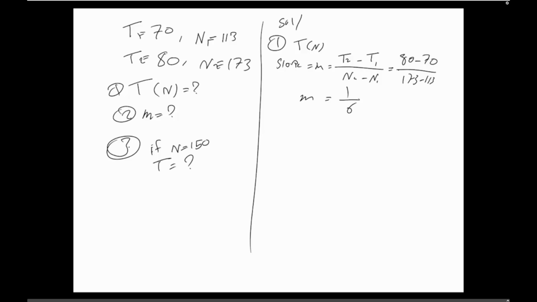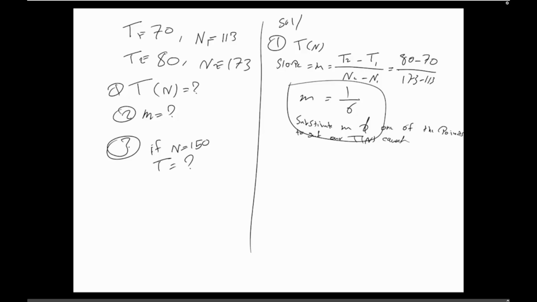So this is our slope. And what we're going to do is substitute the slope and one of the points that we have, the temperature and the chirps, to get our T of n, which is our equation.